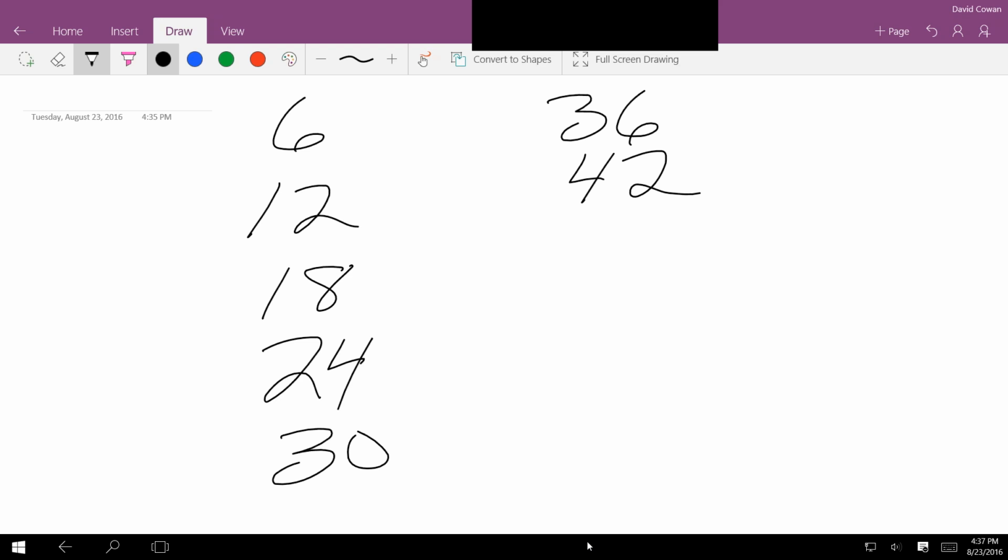Keep going. 48. 6 times 8. 6 times 9 is what? 52. Anything by 9, the digits have to add to 9. So it cannot be 52. Those add to 7. Oh, sorry, 54. Okay.